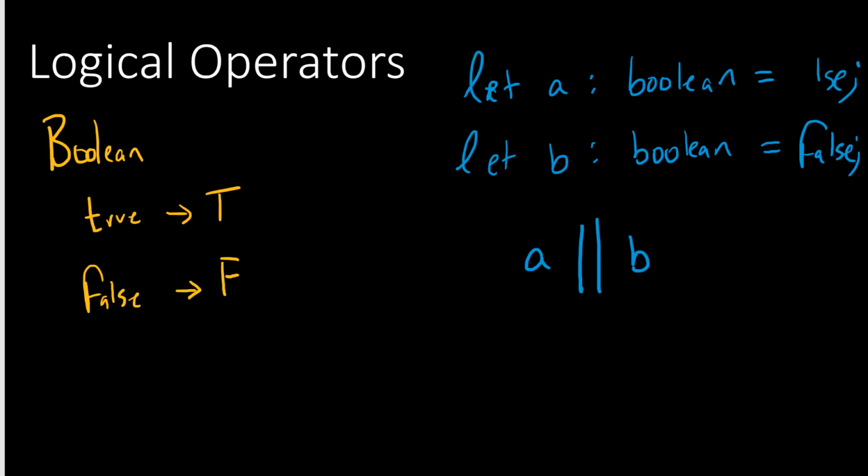So let's try assigning true to A. So if A is true, then we'll have an expression that is evaluated as true or false, and this will be true. If instead we had B is true, and I'll leave A as true as well, true or true, this is also going to be true.